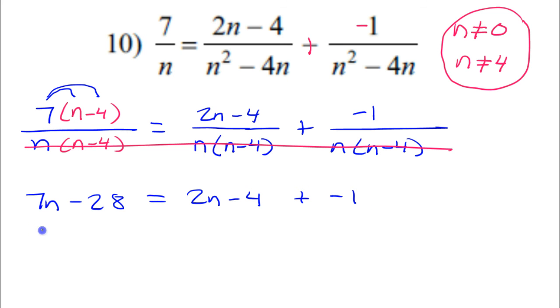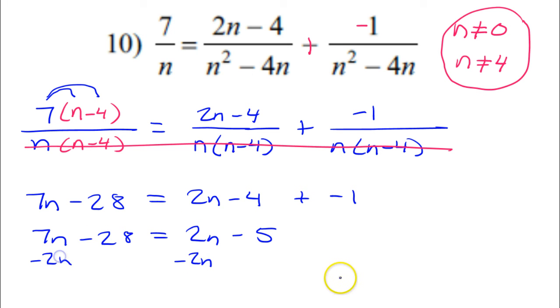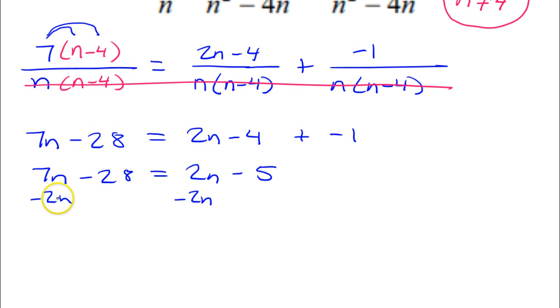Let's see, like terms. So I have 7n minus 28 is equal to 2n, negative 4 and negative 1, so that's negative 5. I'd like to get these n's together. So I will subtract 2n from both sides. My n's are starting to look like h's again. Anyway, 7n minus 2n, so that'll be 5n minus 28 is equal to negative 5.